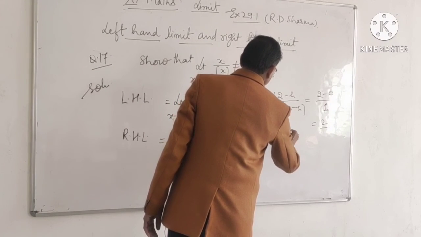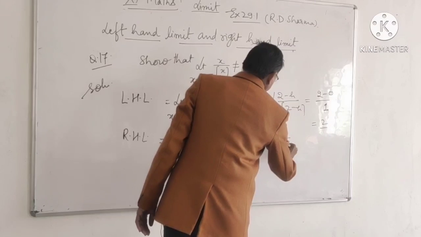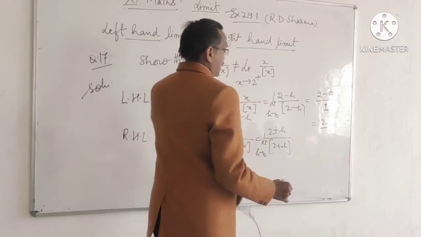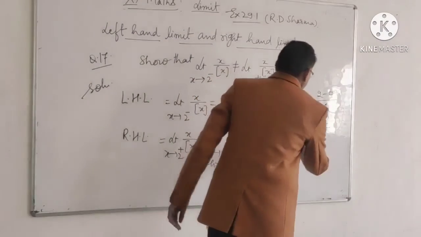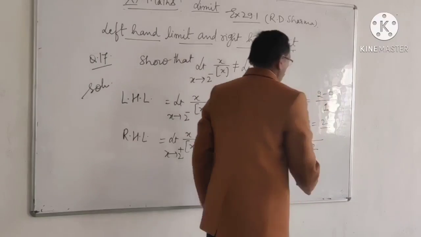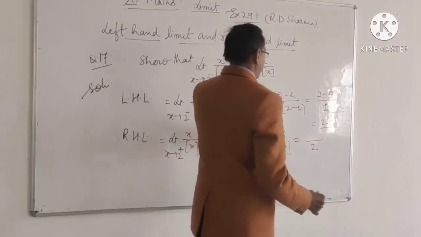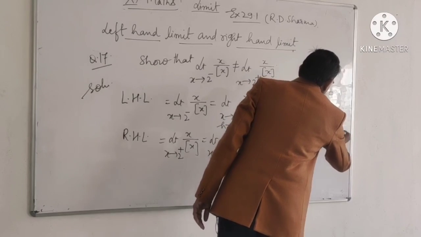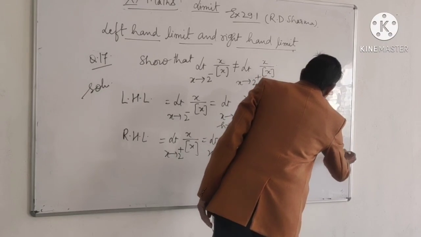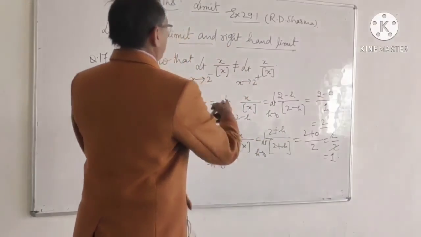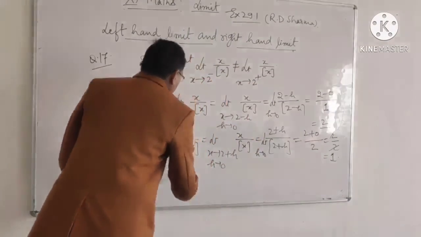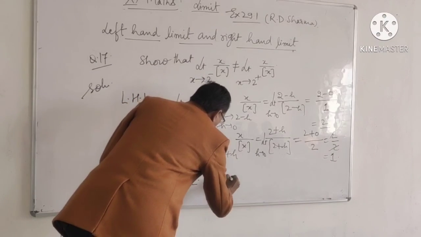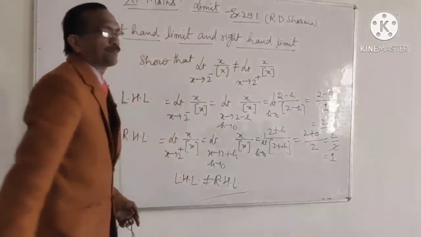It is 2 plus h upon the greater integer of 2 plus h, limit h tends to 0. Since it is more than 2, its greater integer value is 2. There is 2 plus 0, so 2 upon 2 is 1. Therefore, these two values are not equal, or we can say left hand limit is not equal to right hand limit. Hence proved.